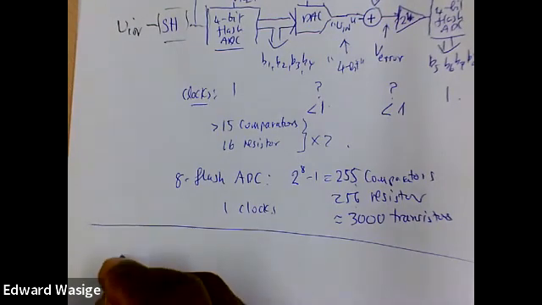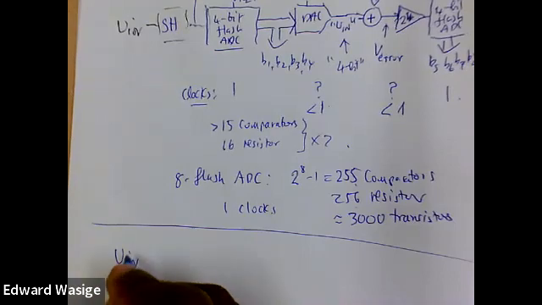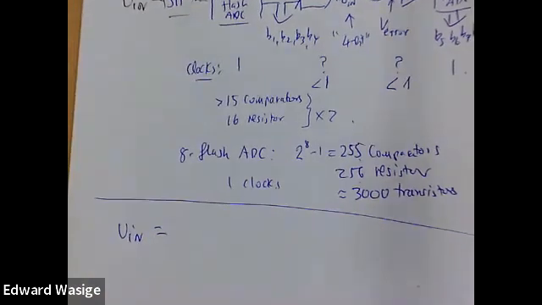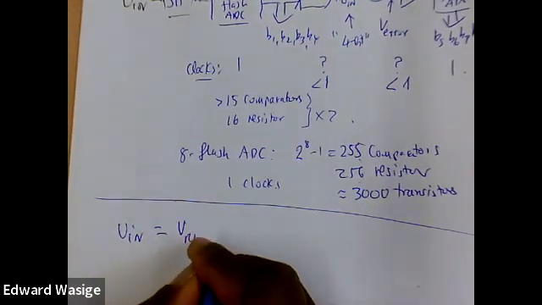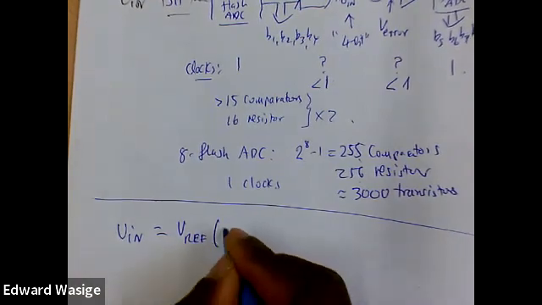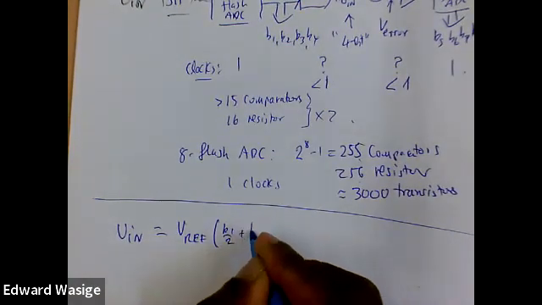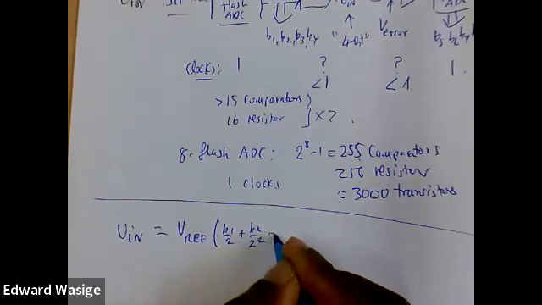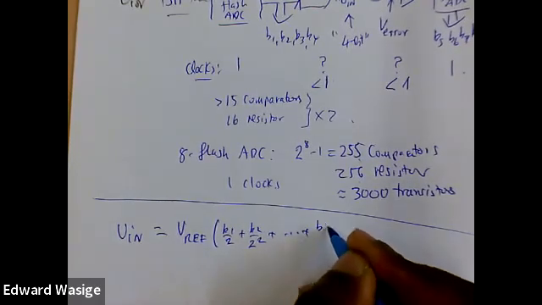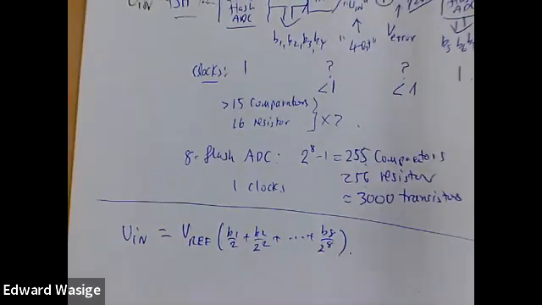Using this idea, remember our input voltage Vin. If we return to the example where we want to represent Vin with 8 bits, that's B1/2, B2/2 squared, up to B8/2 to the power 8.